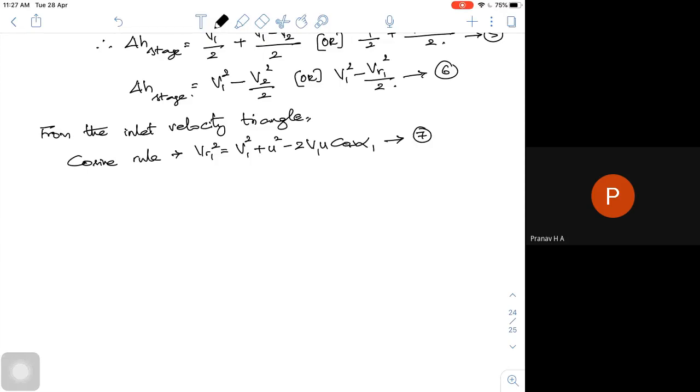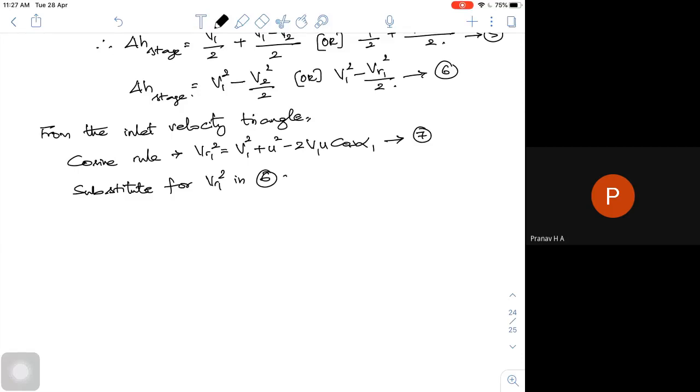Whatever it may be, substitute for VR1 square in equation 6. What will happen?